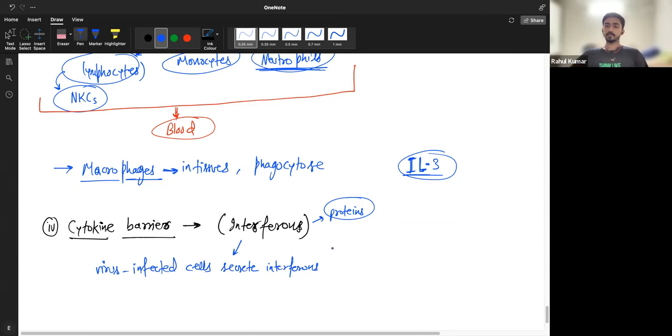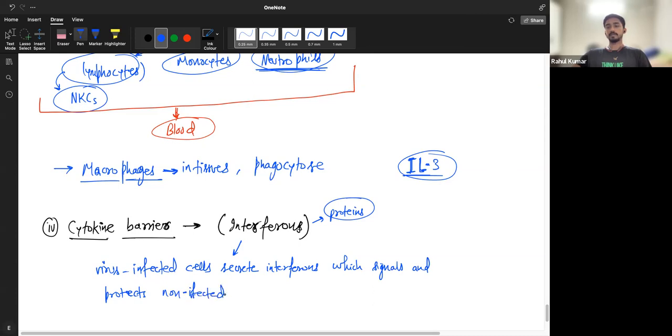Interferons, which signal and protect non-infected or healthy cells.